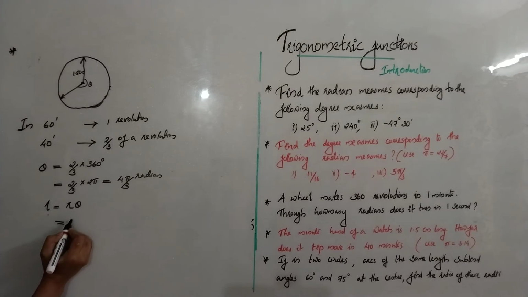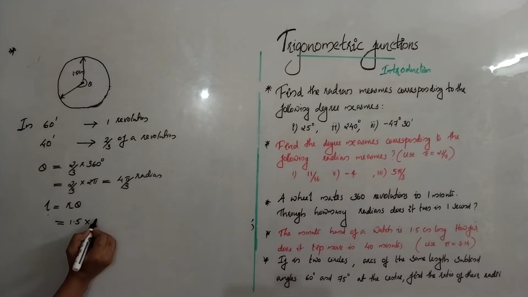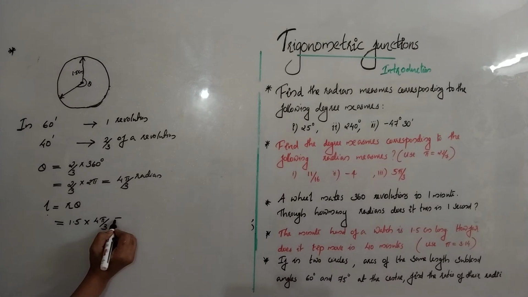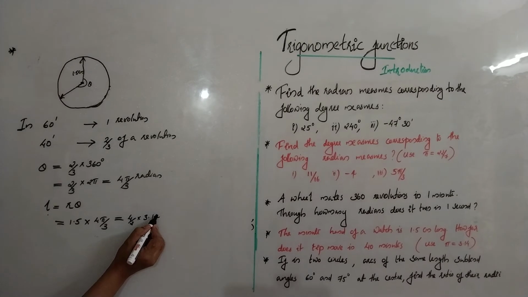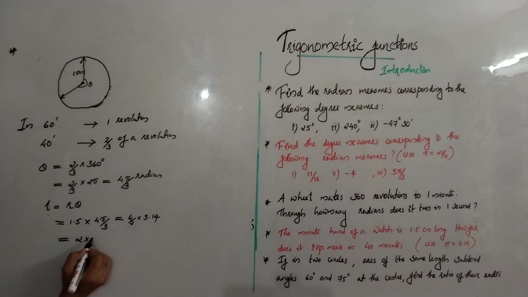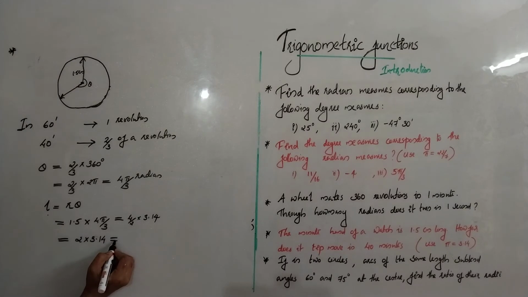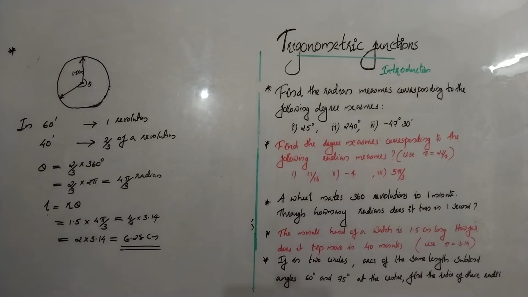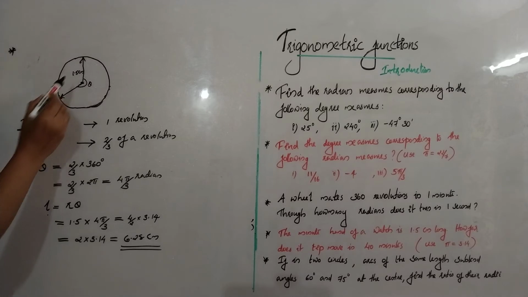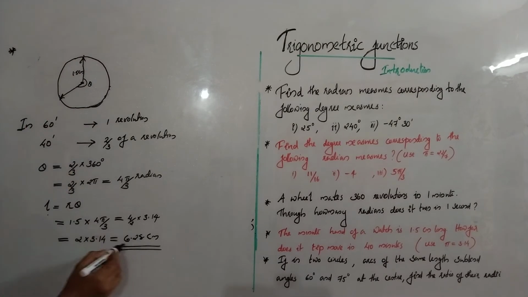L is equal to what? 1.5 centimeter into theta, 4 pi/3, is equal to 2 into 3.14 is equal to 6.28 centimeter. So in 40 minutes the tip moves 6.28 centimeter, from here to here, 6.28 centimeter.